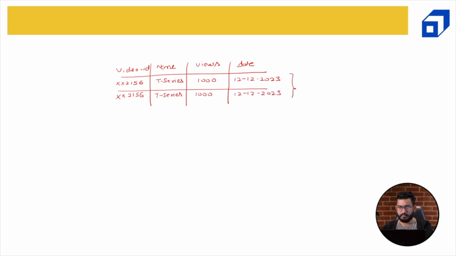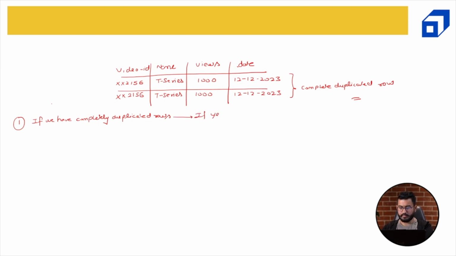now this is the example of a completely duplicated row. So first of all, I will check if we have completely duplicated rows, and if we have them, we will remove them and keep only one of them.